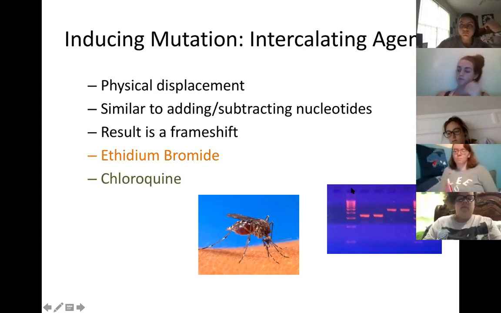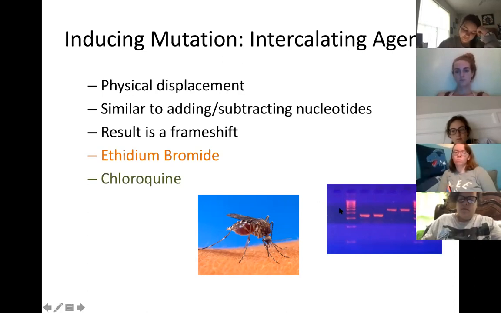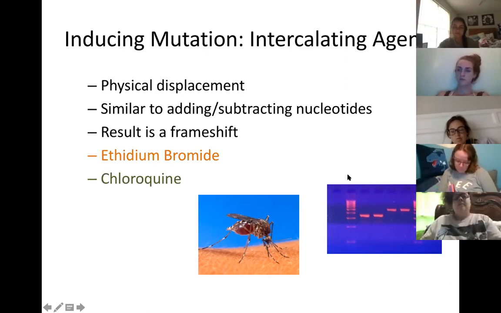Now, because ethidium bromide was shown to cause cancer in rats, it's not used in an undergraduate setting, but we still use plenty of it in graduate work and upper level research. And it's actually really fun. I've heard of multiple stories of older professors in their 60s and 70s and above still working with ethidium bromide without any type of gloves or sticking their hands in solutions that contain ethidium bromide.